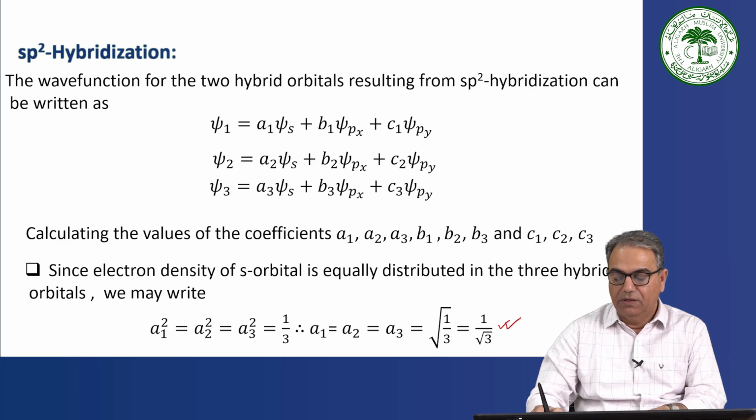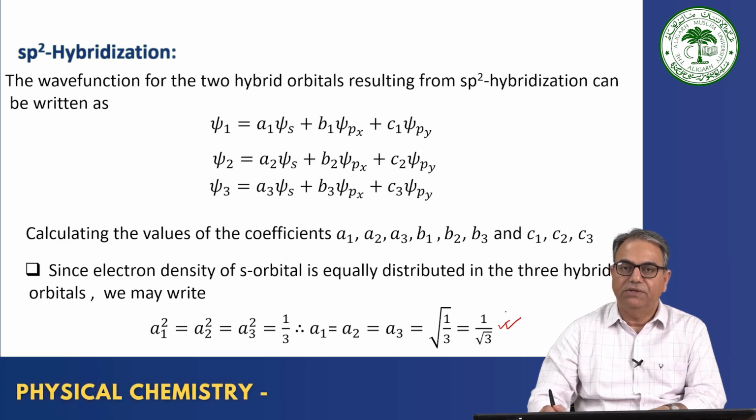Okay. So I said this just now. So out of the 9 coefficients, 3 coefficients you found, it's 1 by root 3. Now it comes to determining the remaining 6 coefficients b1, b2, b3, c1, c2, c3.